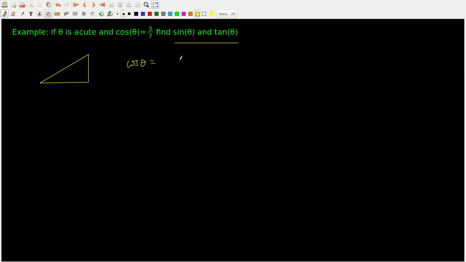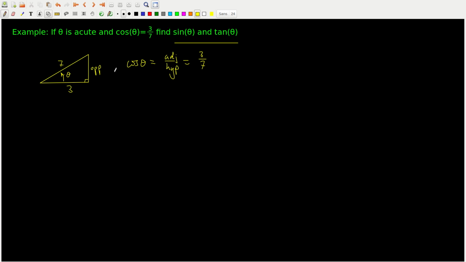The cosine of the angle theta is, well, SOHCAHTOA, the adjacent over the hypotenuse. And so I'm going to treat this by building a triangle that has an adjacent of 3 and a hypotenuse of 7. So I'm going to think about building this angle theta inside this right triangle where the adjacent length is 3, and here's the adjacent length, because this is the opposite length, and the hypotenuse is 7.